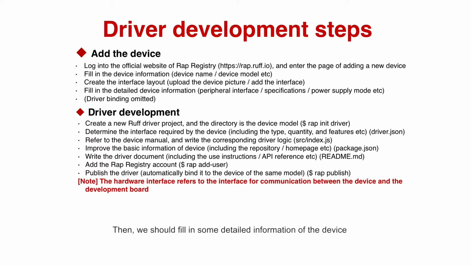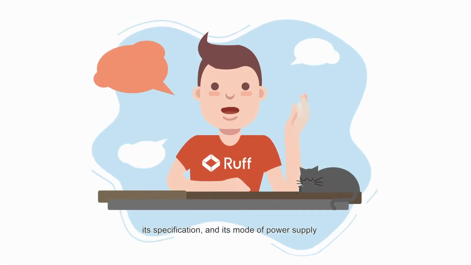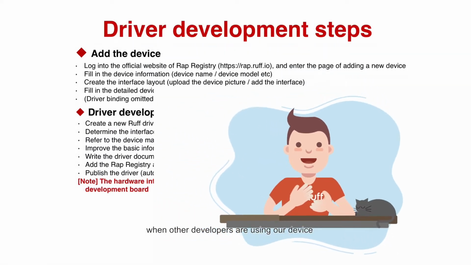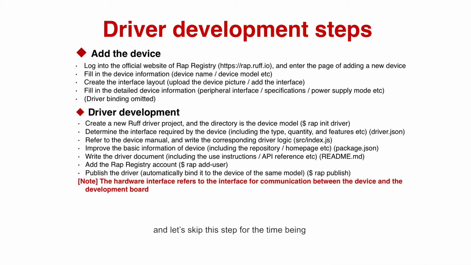Then we should fill in some detailed information of the device, say, its external interface, its specification, and its mode of power supply. In this way, when other developers are using our device, they can learn some detailed information about this device. Next, we need to bind the driver. Let's skip this step for the time being, as we haven't developed this driver yet.